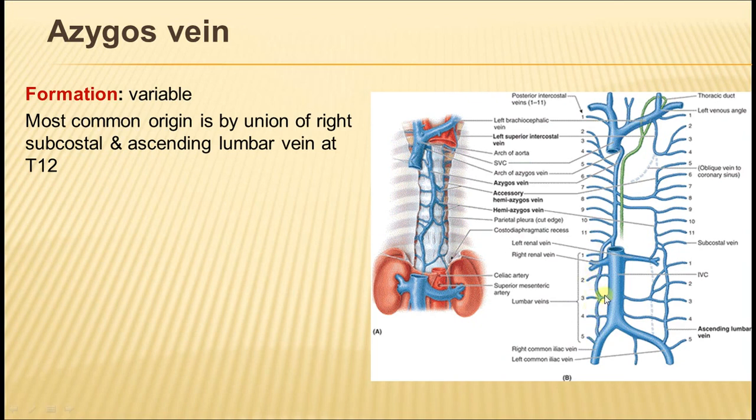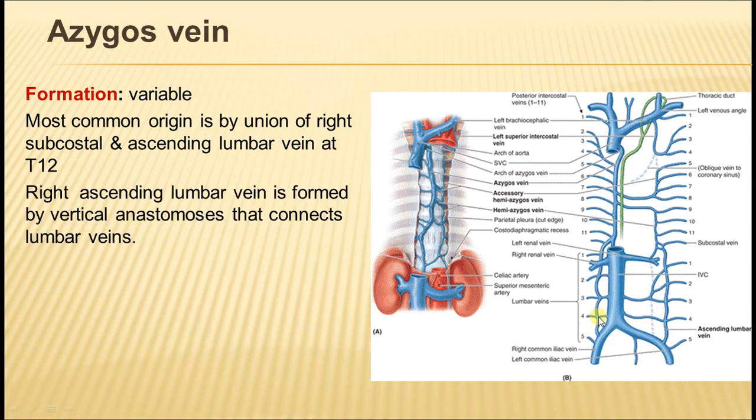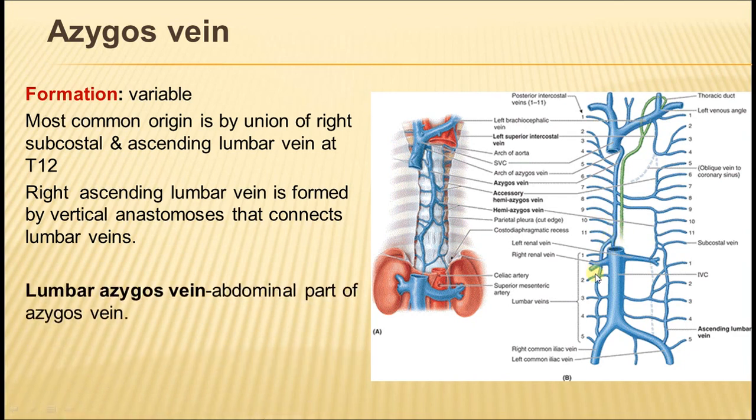The channel which connects these lumbar veins is called the ascending lumbar vein. It is formed by the vertical anastomosis that connects the lumbar veins. Usually you have four lumbar veins: first, second, third and fourth. Along with these, the subcostal vein unites and forms the lumbar Azygos vein.